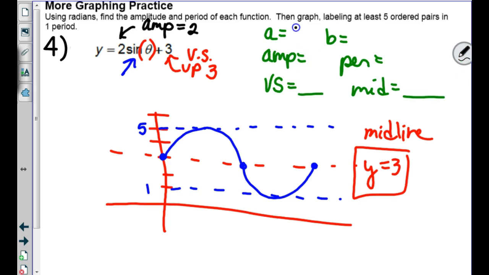You would say A is 2, so the amplitude is 2. B, there is no B, it's just 1, right, in here. So what is the period of this function? What is the period of every sine or cosine unless there's a B in there? It's just 2 pi. The vertical shift was up 3, so the midline is y equals 3. I was trying to practice how it'll look on a quiz. And there is no phase shift.